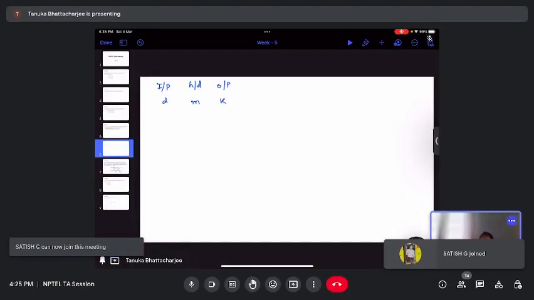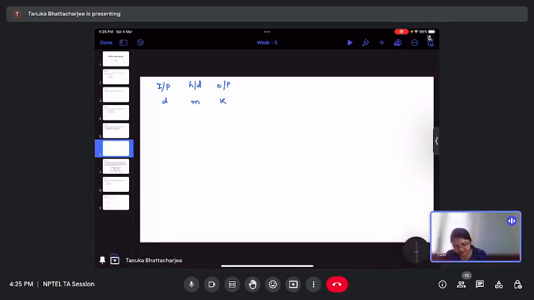Now how do you compute the output? As we have said, if I consider one neuron in the hidden layer, you have M neurons, if I just consider one neuron, what is it doing? It is doing the summation of w_i x_i plus b, where i is from 1 to D in this case, because you have D neurons in the input layer.